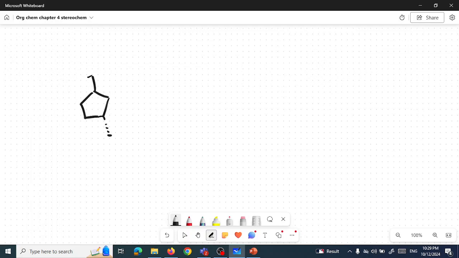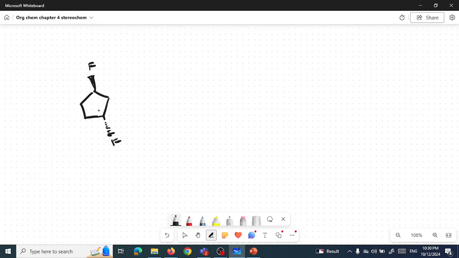Now, when you draw the wedge line, you're trying to show the larger end on the substituent and the small end on the carbon that this bond is extended from. And the other one, same thing. The dot line will have a little smaller end on the carbon that it's extended from to the substituent.